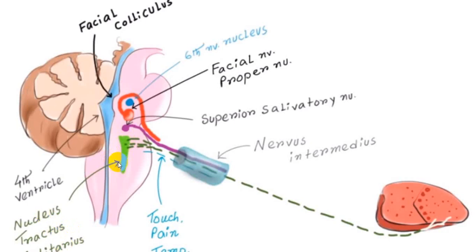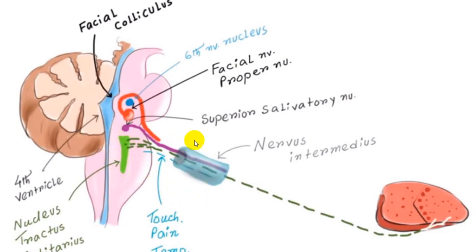So that will be the sensory path of the facial nerve. So sensation will be supplied to the anterior 2/3 of the tongue, that is special sensation that we call taste sensation, plus the sensation of touch, pain and temperature. That will be going and ending in the nucleus tractus solitarius.